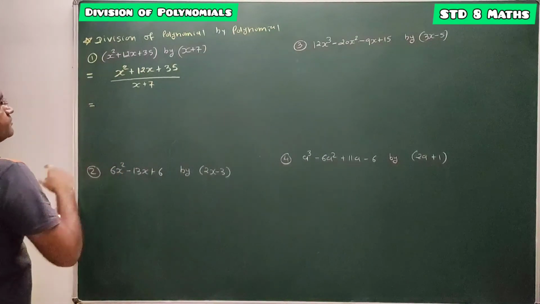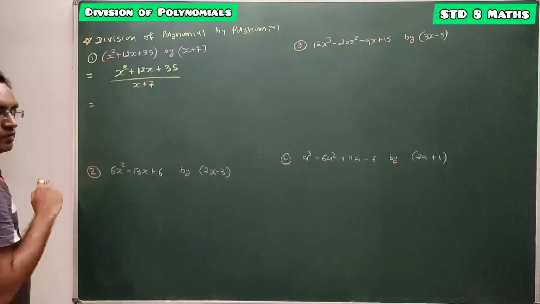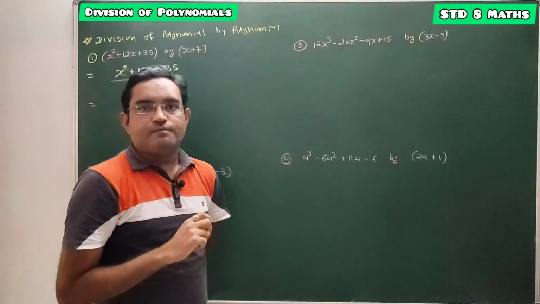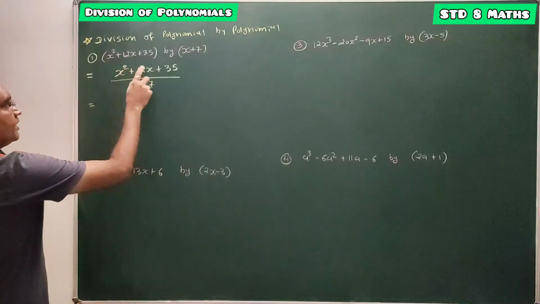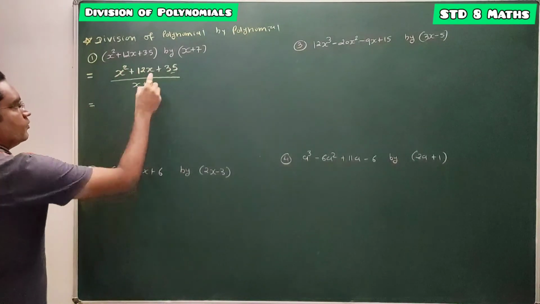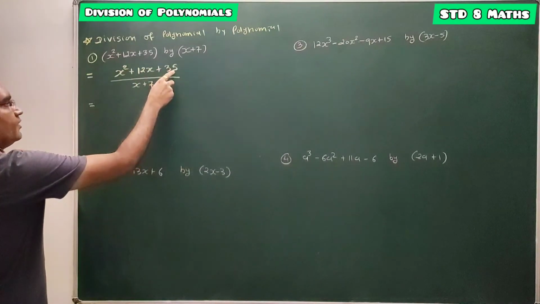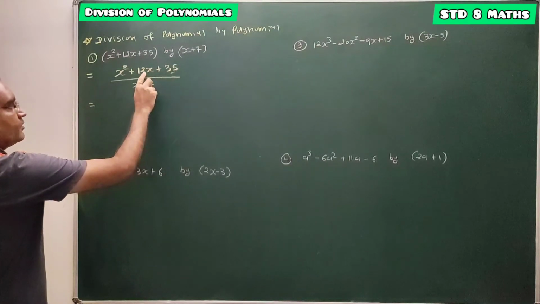So the numerator polynomial can be factorized by splitting the middle term, and we have studied the factorization of polynomial by splitting the middle term. So how can it be factorized? For this type of polynomial, we have to consider factors of 35 whose addition is 12. Which are the factors of 35 whose addition is 12? 5 sevens are 35, so 5 plus 7 is 12.